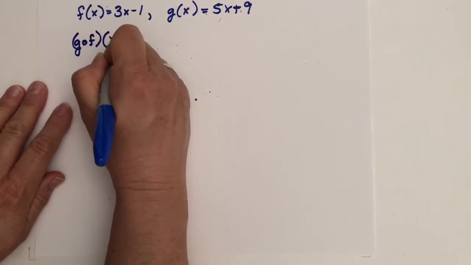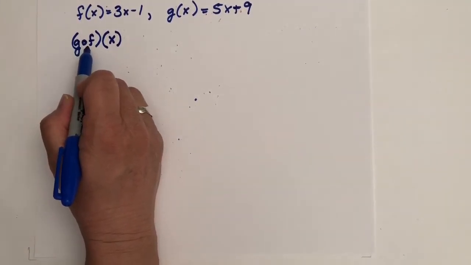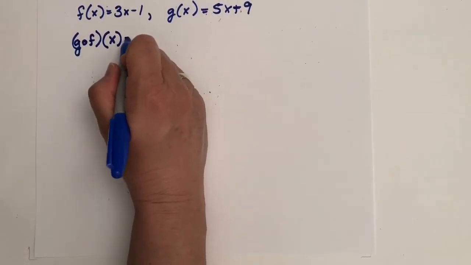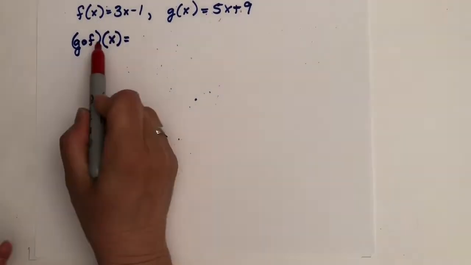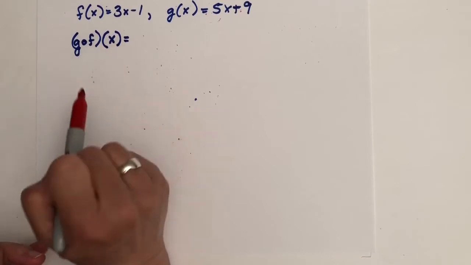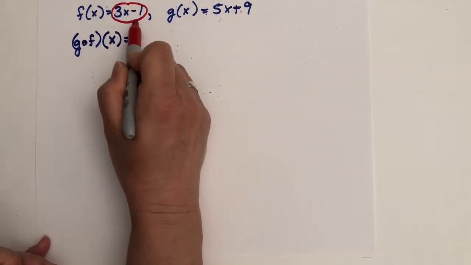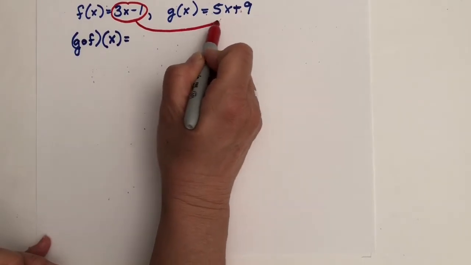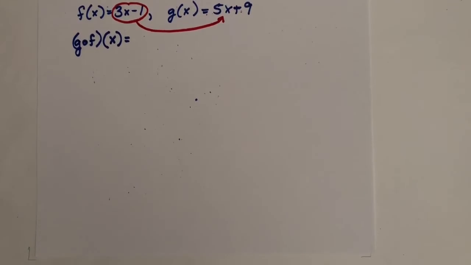The new function we're trying to come up with is the composite function that is g composed with f of x. Now this time, the f is what we call the inner function, the one that's inside, closest to this variable here. It is going to be substituted into the g function. So let's make that substitution.